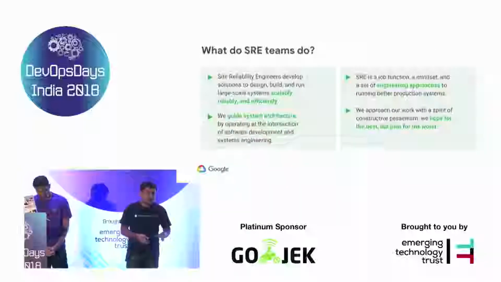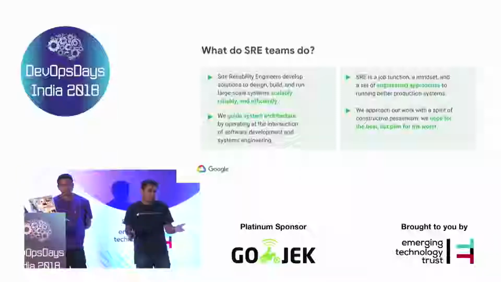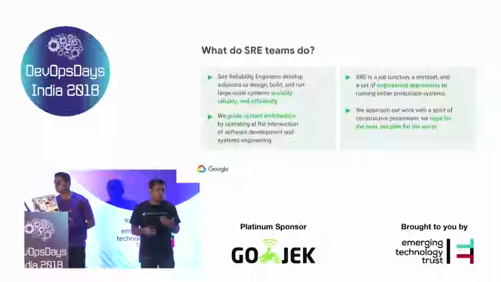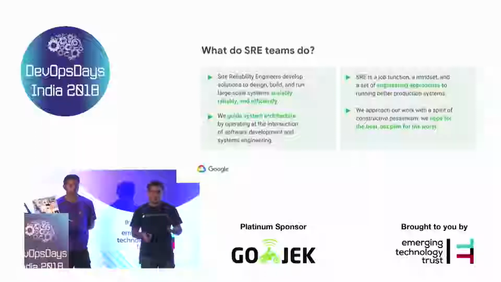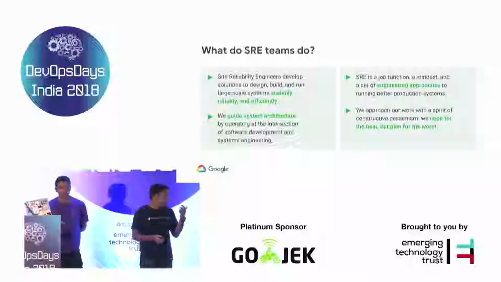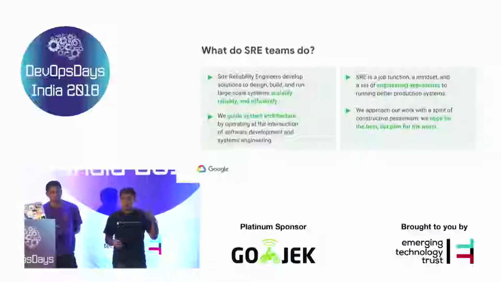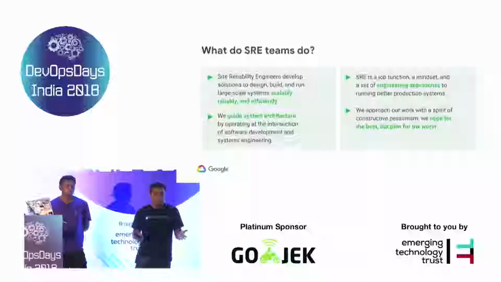So if I have to summarize what the SRE teams do at Google, as I said, they treat any problem as a classic software engineering problem. So basically we write software, we build solutions, and make sure that the overall systems run scalably, reliably, and efficiently. And of course, data is one of the primary guiding factors in doing all of these things.